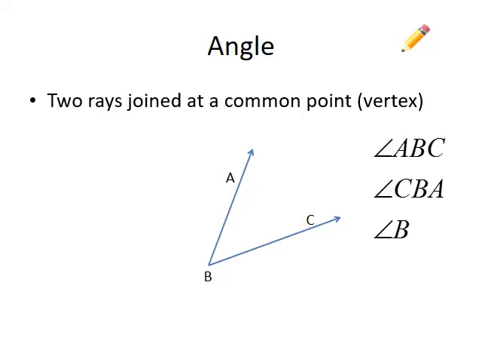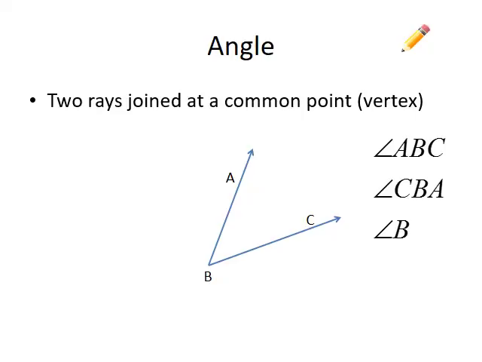So that's how we read this symbol right here, angle ABC. So that's if we're going from left to right. If we wanted to read it from right to left, which is totally legit for angles, we would read it as angle CBA, or we can just label it at its vertex, angle B. So all three of those are very appropriate ways to label an angle.